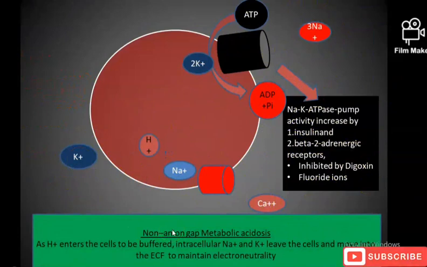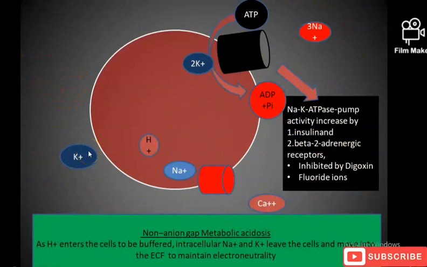But in the case of anion gap metabolic acidosis like diabetic ketoacidosis and lactic acidosis, the hydrogen that moves from the extracellular fluid to the intracellular fluid will accompany negatively charged molecules, and so there is no exchange of hydrogen and potassium between the cell and the extracellular fluid. So non-anion gap metabolic acidosis is a cause of efflux of potassium from the inside to the outside.